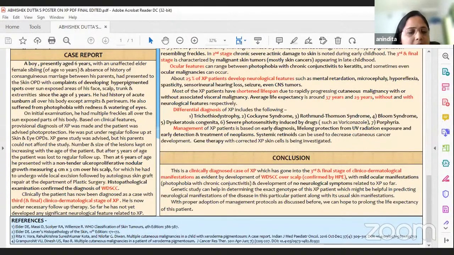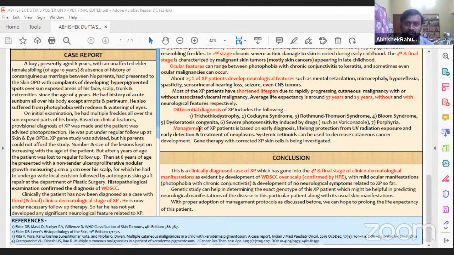So it is a nice presentation, obviously. So now you were telling that this patient had no neurological symptoms, right? This patient had no neurological symptom, ma'am. Yes. Okay, so do you know that this xeroderma pigmentosum has several variants? Yes, ma'am. It has got many variants.